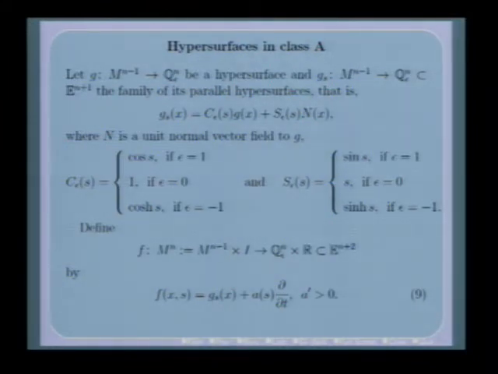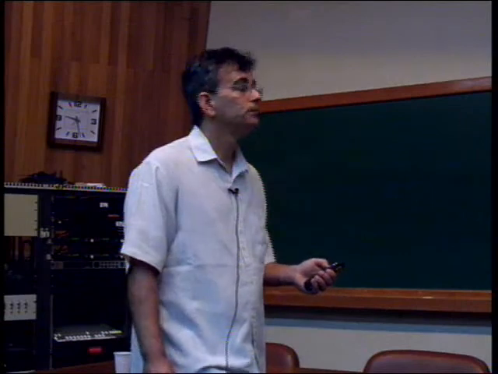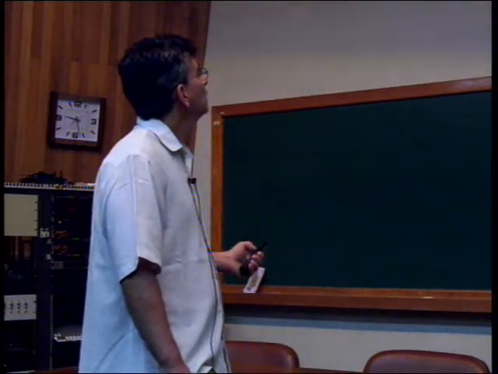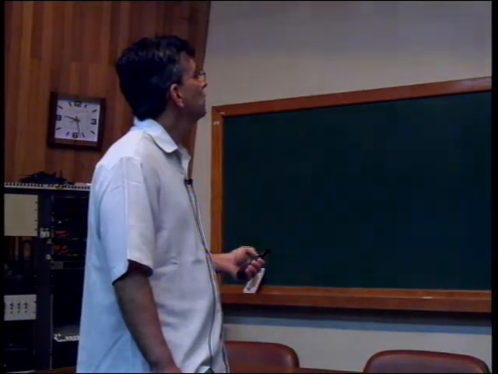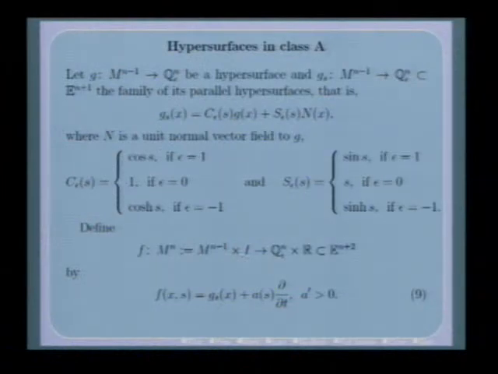Of course, this is more interesting in the spherical case, in which isoparametric hypersurfaces are very rich. So you start with an isoparametric hypersurface in the base space, take the family of its parallel hypersurfaces, which are also isoparametric, and then you have to choose a particular function A, which is completely determined in terms of the mean curvature function of the isoparametric foliation.